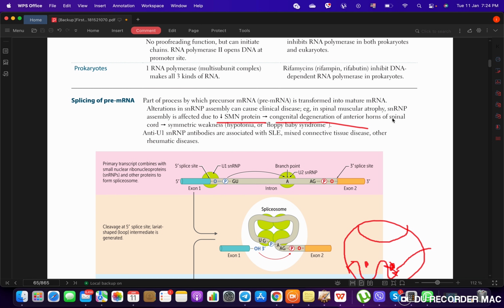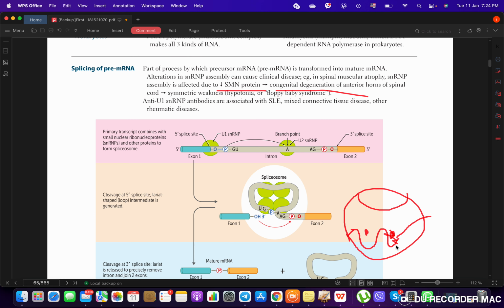If the anterior horns are gone, our motor neurons will be gone. If we have no motor neurons, we cannot move. We cannot move, we get hypotonia, and that will lead to floppy baby syndrome, but it will not be due to an infectious disease. In contrast, it will be completely congenital, okay? Yep. So that is the one.